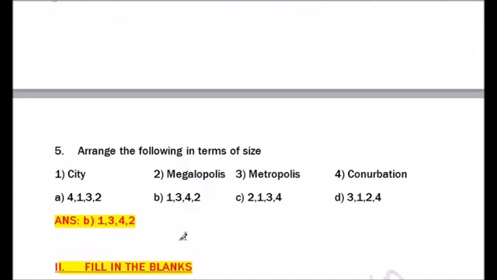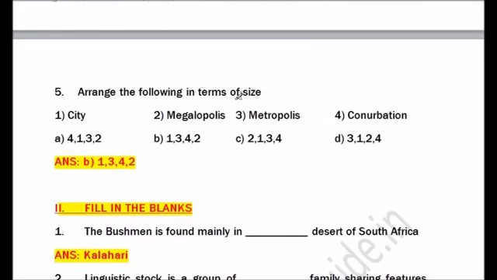Question number 5. Arrange the following in terms of size. City, megalopolis, metropolis, conurbation.